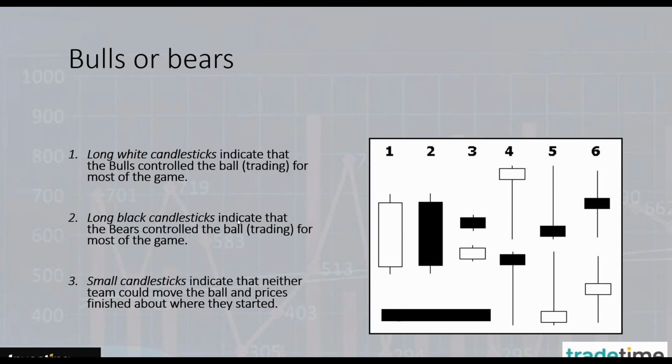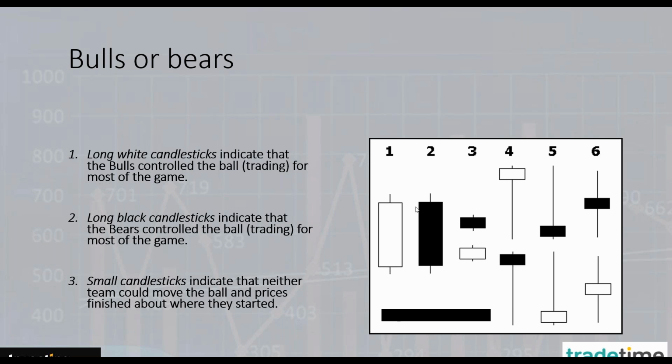So what we're seeing here is that the bulls controlled the ball for most of the trading game. So in other words, it opened down here at the bottom. It did fall down to a low, but by the end of the session, the bulls were in control and were able to push the ball pretty far forward.